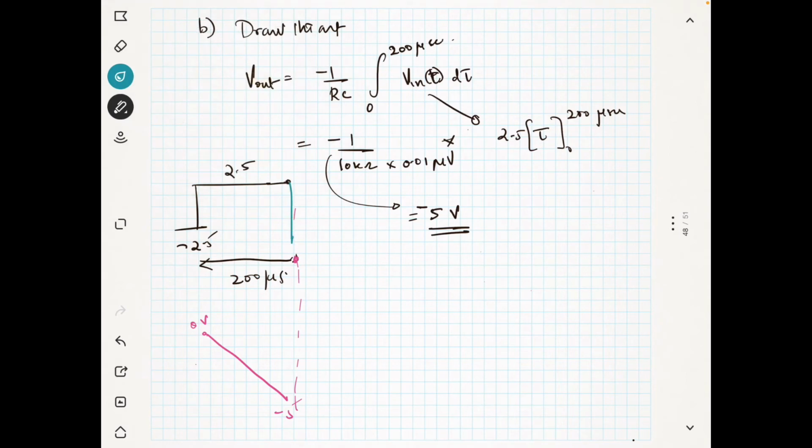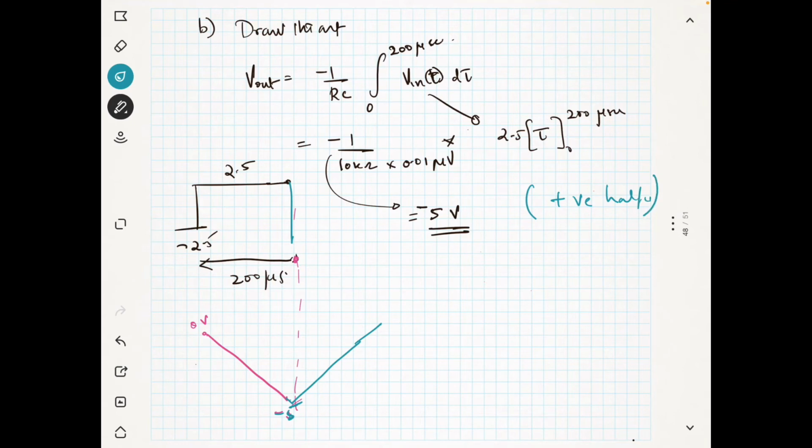Now you see my input is going down. When the input goes down, my output will be going to 0, because you see here this is minus 5, now it will charge to plus 5. So this is for the first positive half cycle.